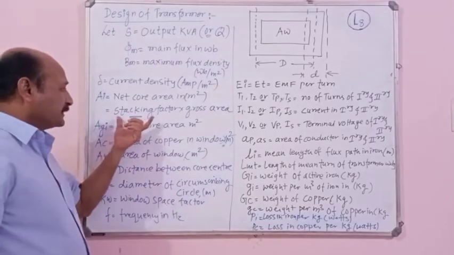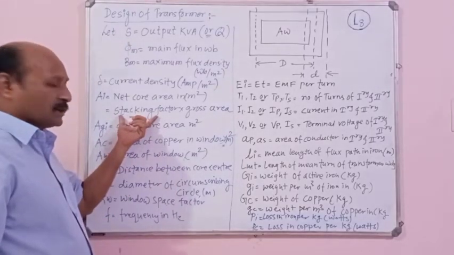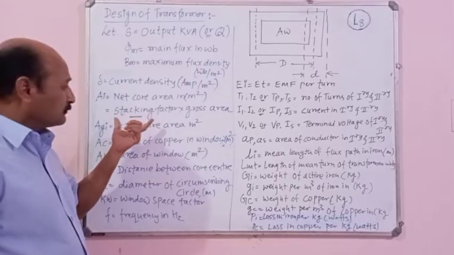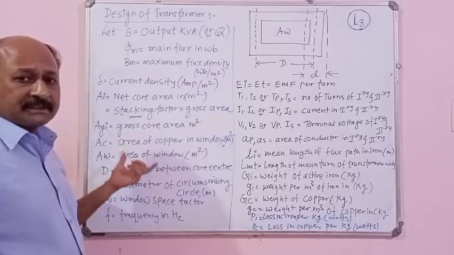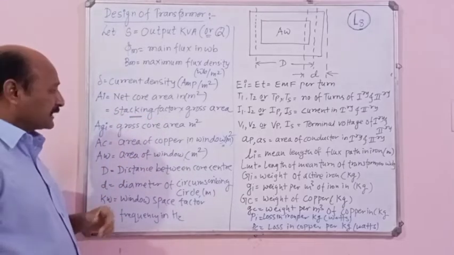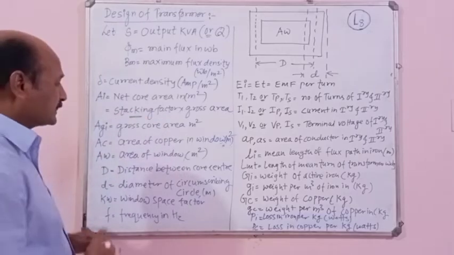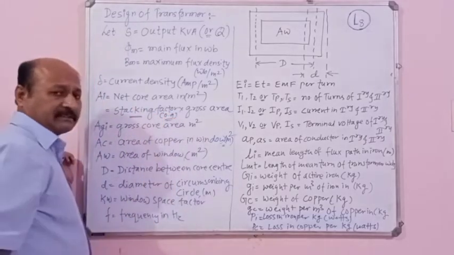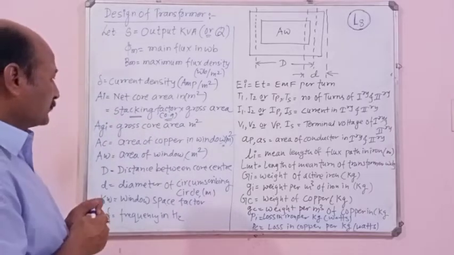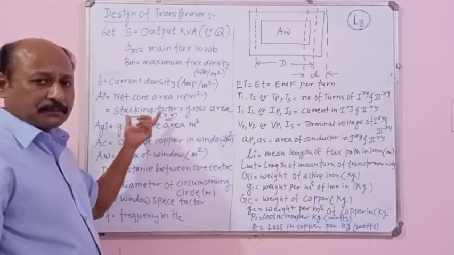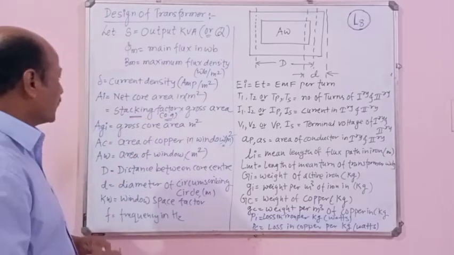That is the effective area of the core which is under the influence of the magnetic field and produces the EMF. That factor is called the stacking factor. For example, if the stacking factor is 0.9, it means 90% of the core area is responsible for producing the EMF.